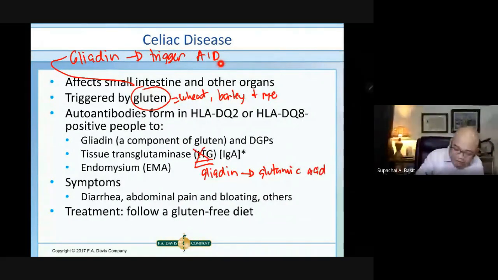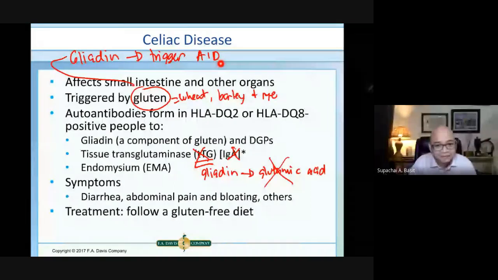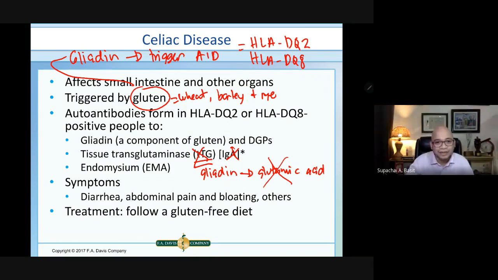But since you have antibodies against TTG, gliadin is not converted to glutamic acid. Okay, so celiac disease only occurs in people who are genetically predisposed. If you have HLA-DQ2 and HLA-DQ8, you are genetically predisposed to have celiac disease.